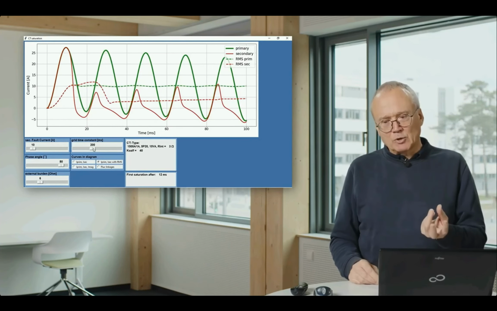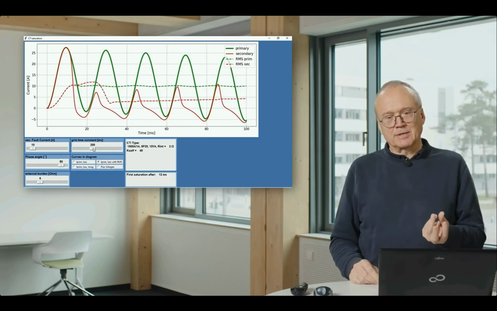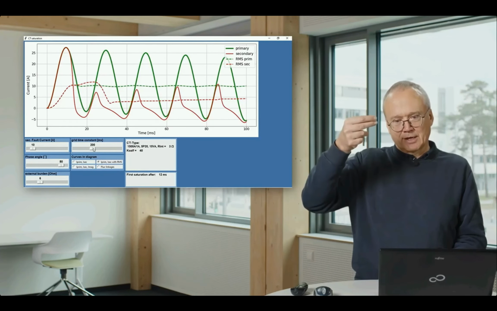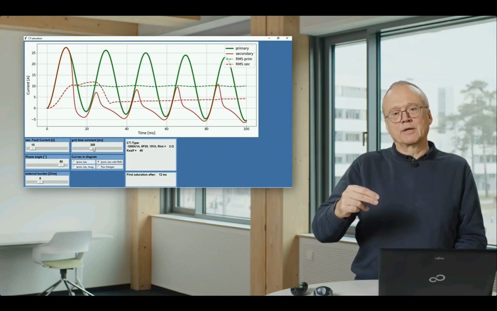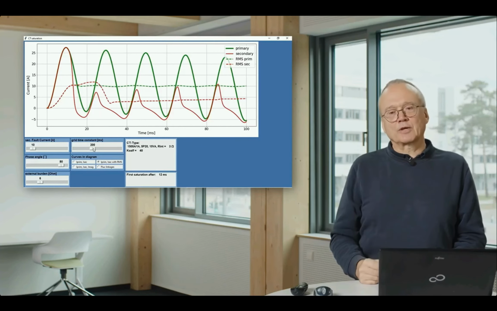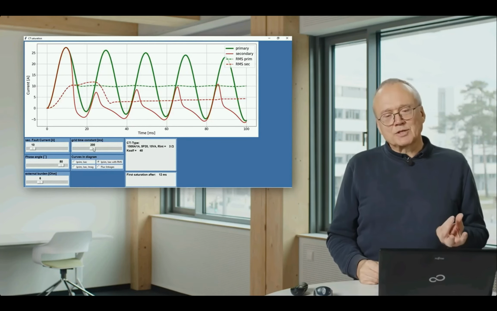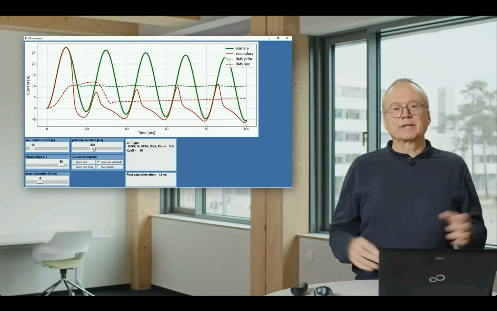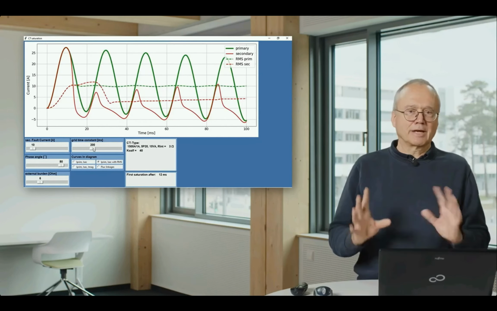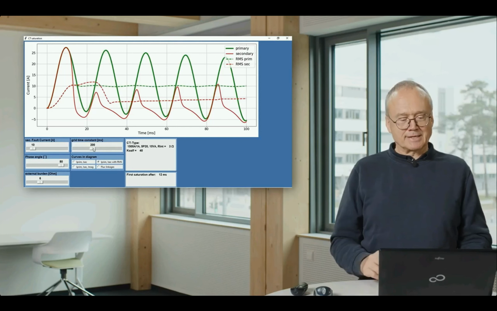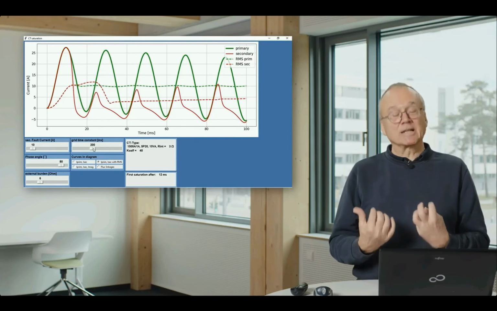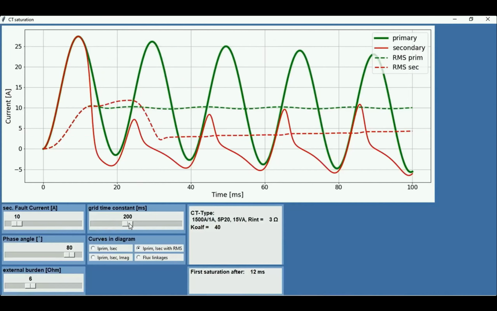And a time constant of a cable impedance, that is always the inductance divided by the resistance of a cable. The time constant of a cable is something typically maybe around 5, 6, 7 to 10 milliseconds. That means a much lower value than what I used in the simulations.